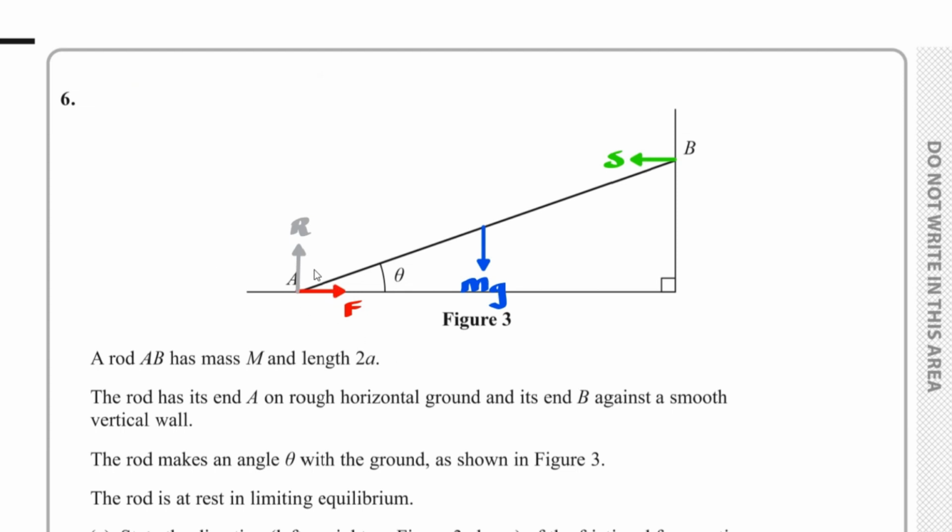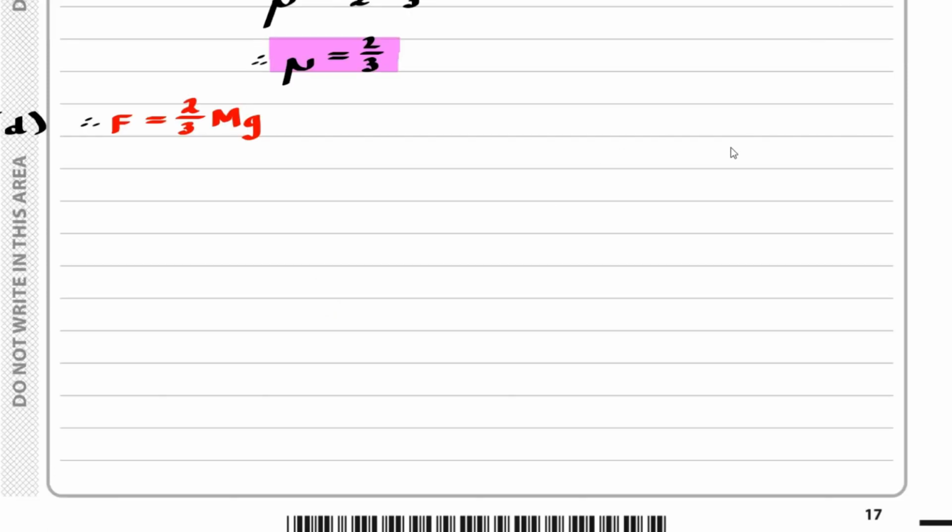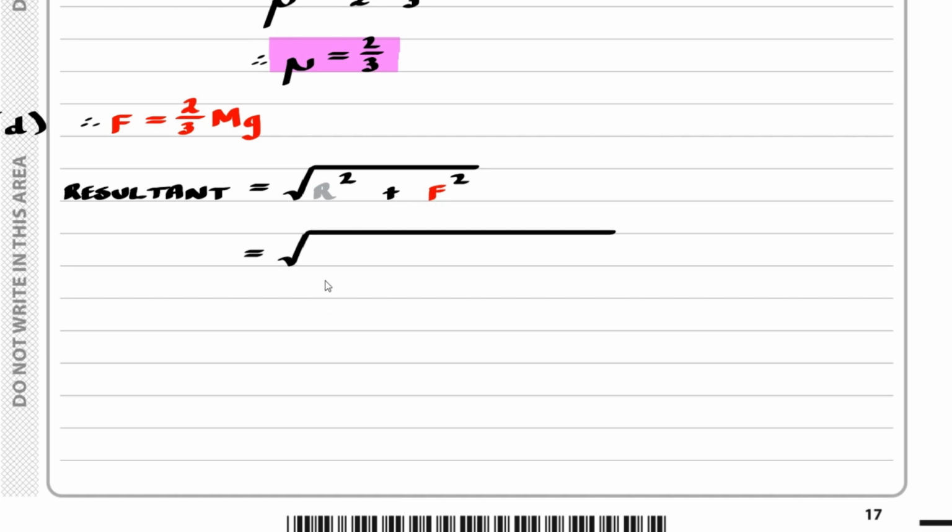For us to find out what the resultant force is at A, we would have to use Pythagoras. So the resultant force is equal to the square root of R squared plus F squared. I know what R is, I know what F is. So I've got the square root of mg squared plus (2/3 mg) squared.